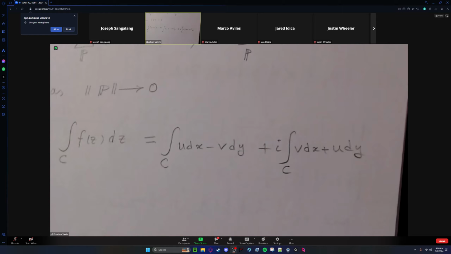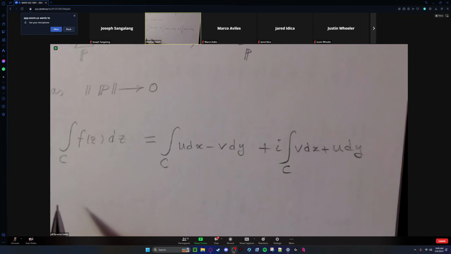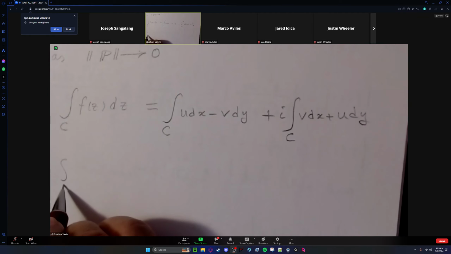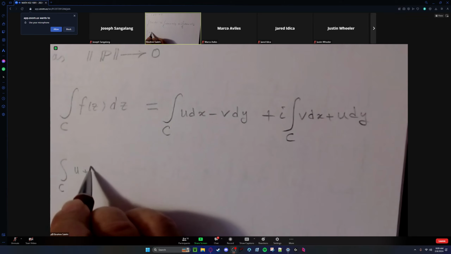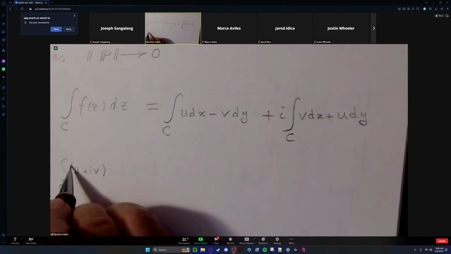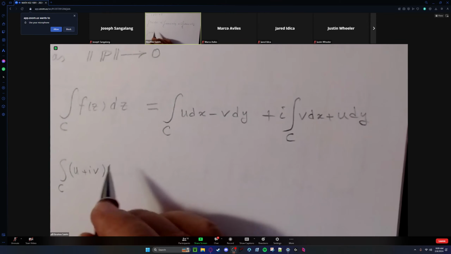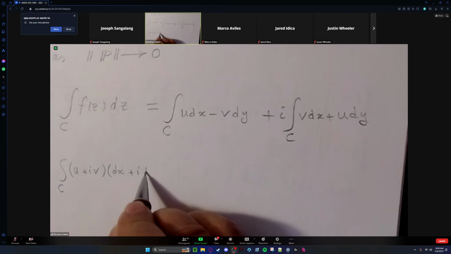Now, I sort of gave you justification for it, but we didn't have to go through this. You could think about it as saying that, look, I am going to integrate over this curve u plus iv dz. z is x plus iy, so dz is dx plus i dy.